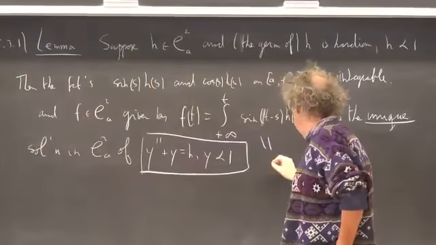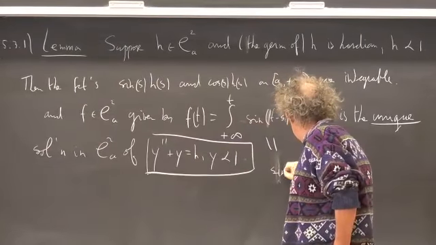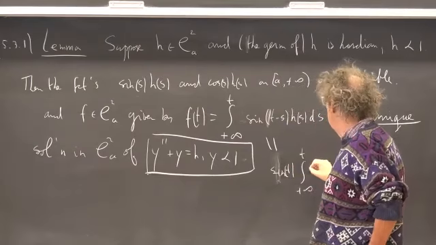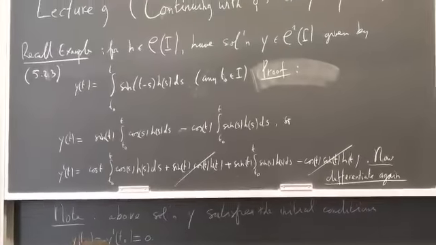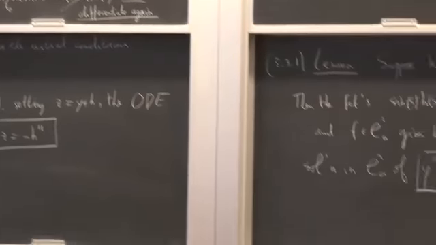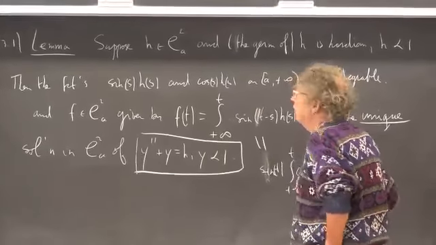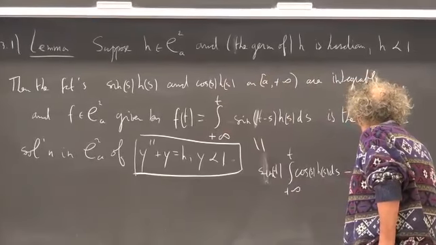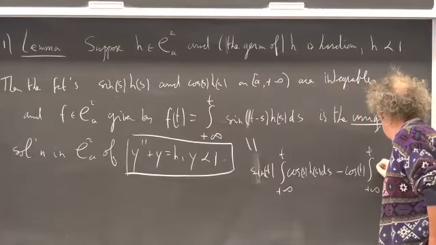Namely, this is sine t times the integral from plus infinity to t, I write exactly this but with plus infinity instead of t0, of cosine s h(s) ds, minus cosine t times the integral from plus infinity to t of sine s h(s) ds.